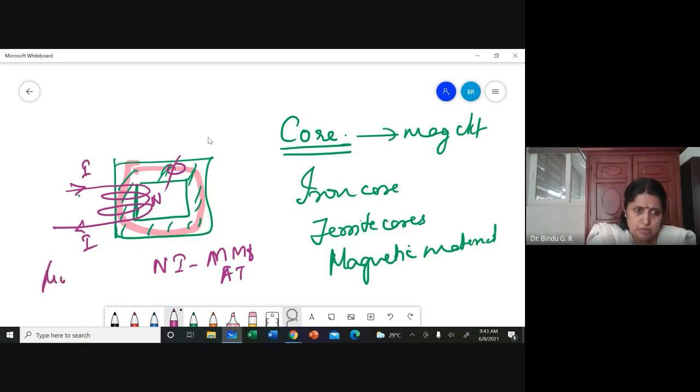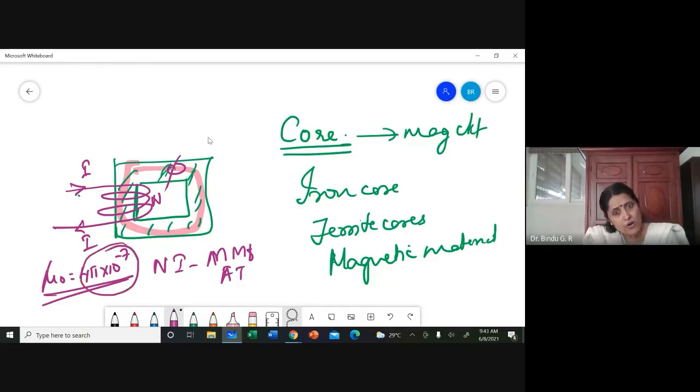Air's permeability is mu 0, 4 pi into 10 raised to minus 7. So mu 0 is not 0. It has some value, which means air is also permeable for flux. That has some other forms of problems also, which we'll come to at a later stage.